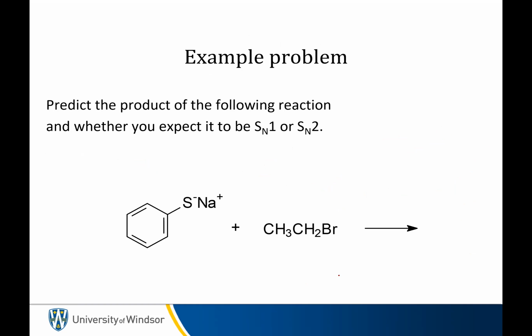What about this one? So again, do the same kind of analysis. Look at your electrophile, look at your nucleophile, and think about what you want in terms of mechanism. Okay, any guesses?